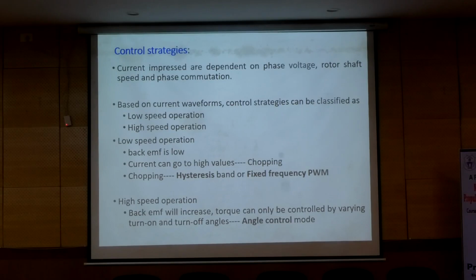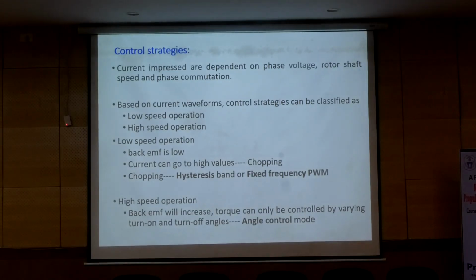Under low speed operation, the back EMF developed is very small, right? So therefore the current goes to high values, and we consider a chopping mode. So we prefer this chopping mode control under low speed operation.